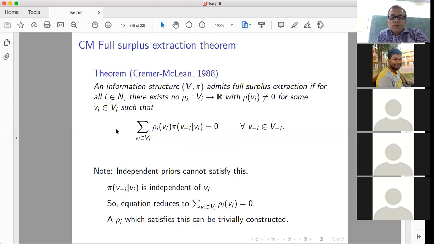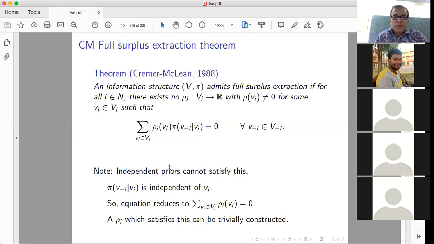The condition is quite a mouthful because it requires you to verify this existential qualifier: you need to check if there exists a rho_i which satisfies these equations. From linear algebra, we know there are standard tricks to verify whether a certain system of equations has a solution or not.